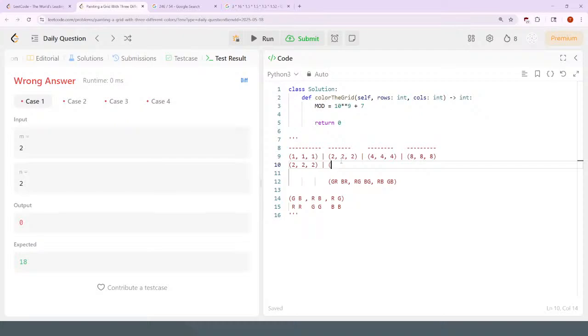Interesting. Do I need to extend it out one more so that I can connect the dots in terms of matching it with the right thing?